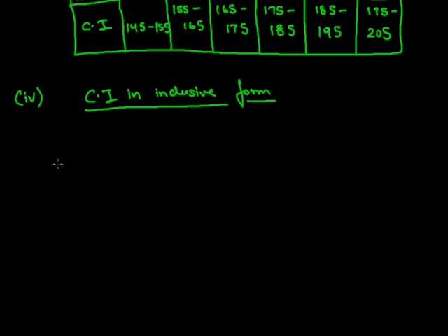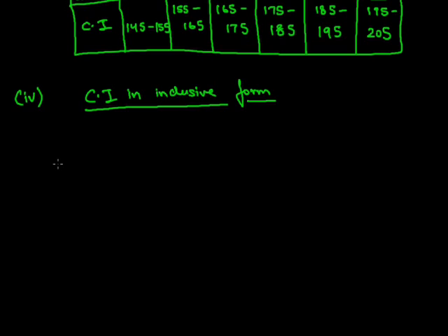Suppose in this inclusive form the class intervals are given like 1 to 10, 11 to 20, 21 to 30. That means the upper limit of the previous class is not equal to the lower limit of the next class. This is the inclusive form.